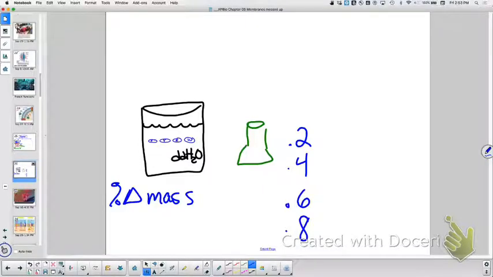I weigh them, put them in for 30 minutes, take them out, and weigh them again. As long as I left room for the bag to expand, I would expect the 0.8 to have the highest percent change in mass, and conversely the 0.2 would have the lowest percent change in mass, yes?